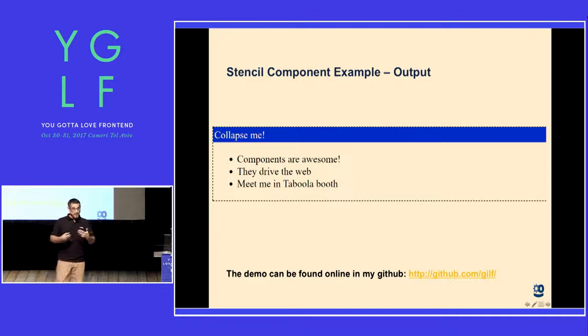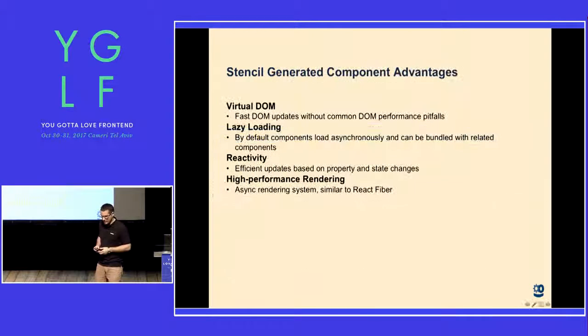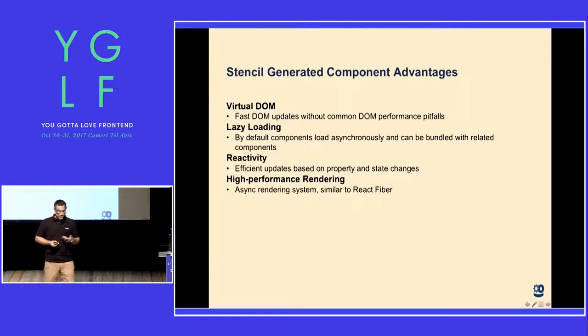Later on, I'll compile the component, and I'll get the same component that we saw earlier, but right now using the Stencil compiler. But Stencil has a lot of advantages. Underneath it, every component has its own virtual DOM. All the components are reactive, meaning that if a property changes, I don't need to wire anything.